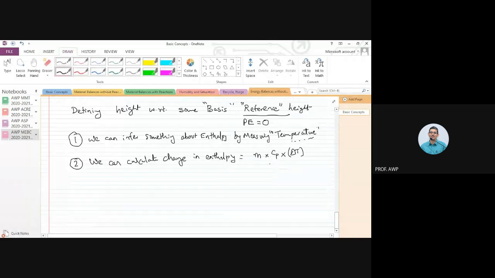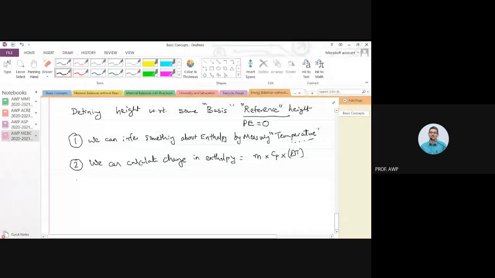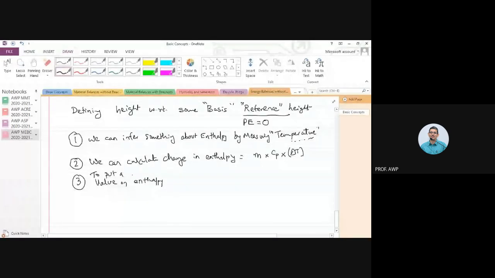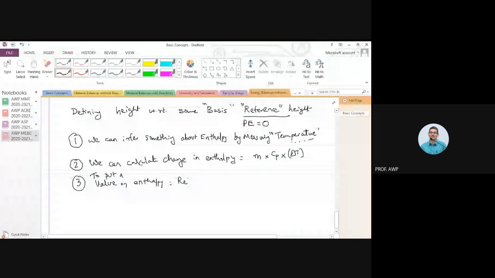Right? And then we can calculate the change of enthalpy. But if we put a value on enthalpy, we need to define a reference condition. And we need to say that at this reference condition, enthalpy is 0.